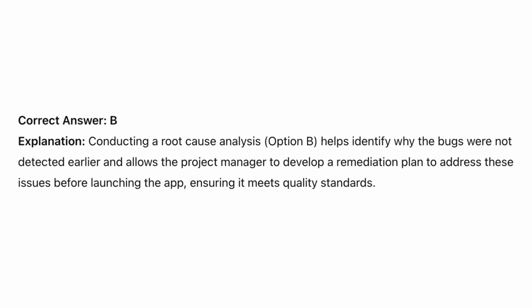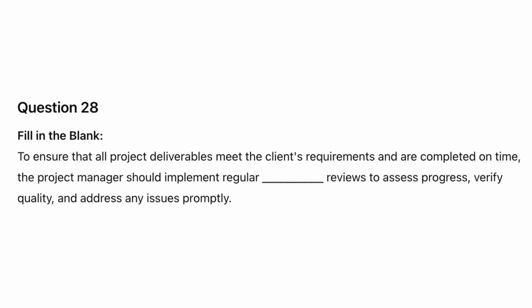Correct answer B. Explanation. Conducting a root cause analysis, option B, helps identify why the bugs were not detected earlier and allows the project manager to develop a remediation plan to address these issues before launching the app, ensuring it meets quality standards.